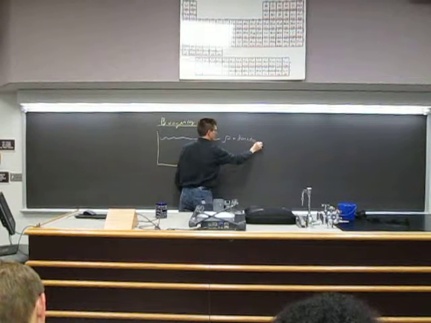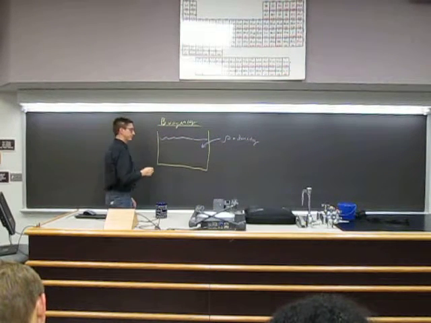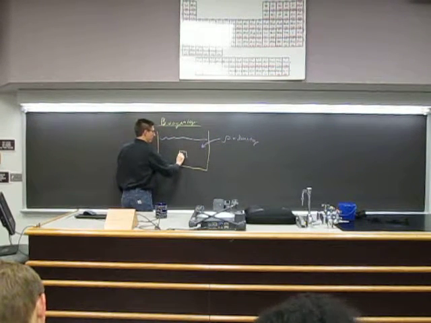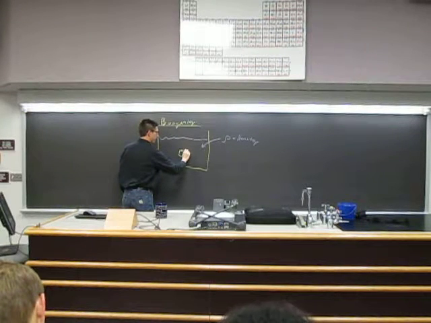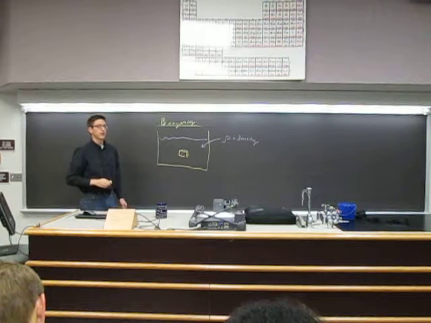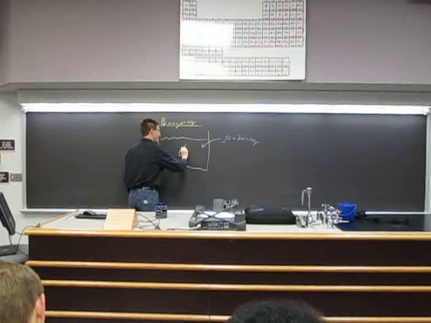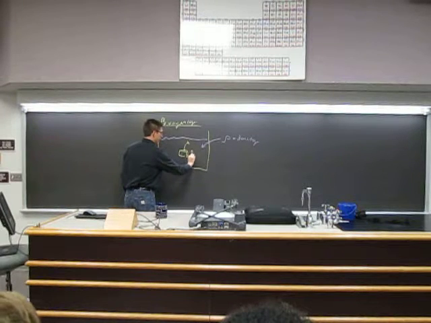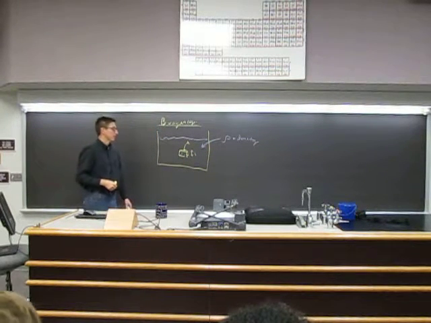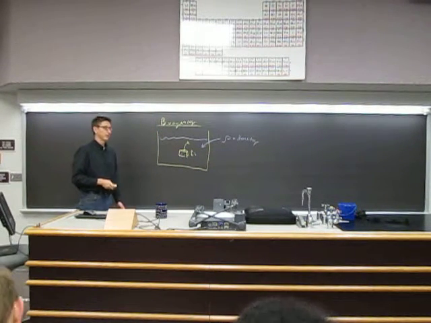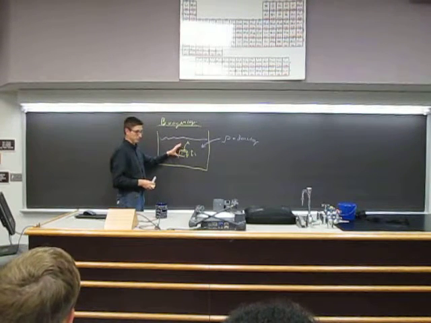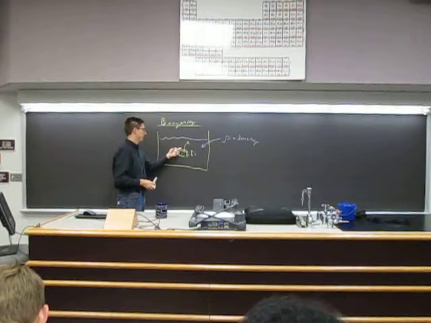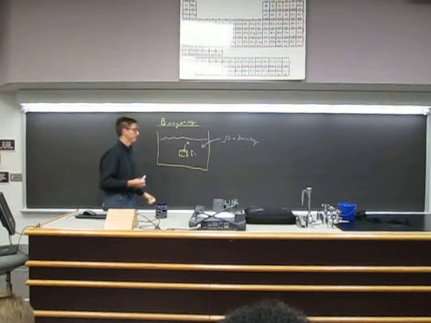Let's say I have a box in there, and that the area of the top of the box is A. The height of the box, say, is H. And we'll say it's a cubic box, so all the areas are the same, or at least rectangular. So top area and bottom area are the same.